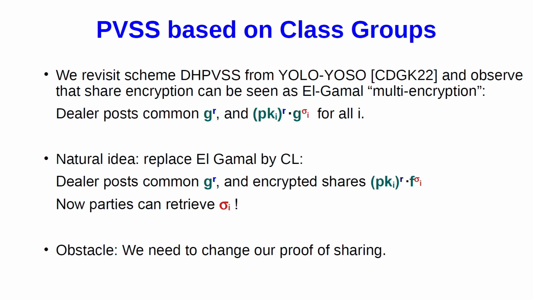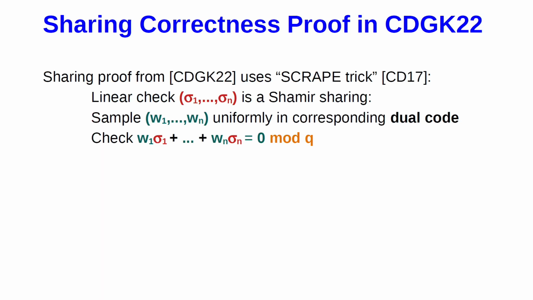To mention a little bit about this, in this paper in Eurocrypt 22, what we were using was something called the SCRAPE trick that we had in some work before, which is a very simple probabilistic test that some vector is a Shamir sharing. The idea is simply to see the set of Shamir sharings as a Reed-Solomon code. You sample a word from the dual code, and then you check that the inner product is 0.